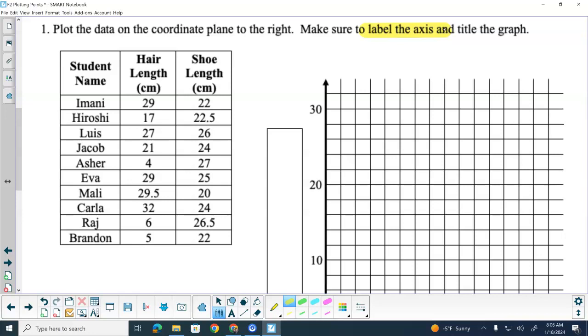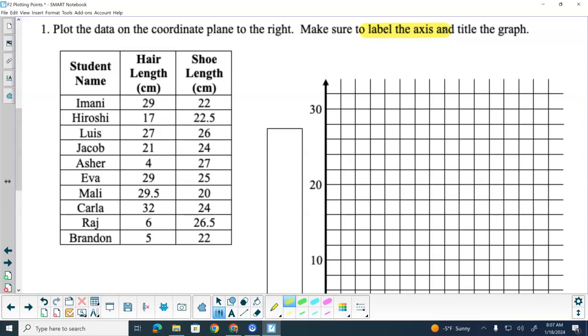Okay? That tells you exactly where you need to plot the points. Because the point 29, 22 is different than the point 22, 29. Okay? They're at different locations, so you're going to have a different graph if you do that.